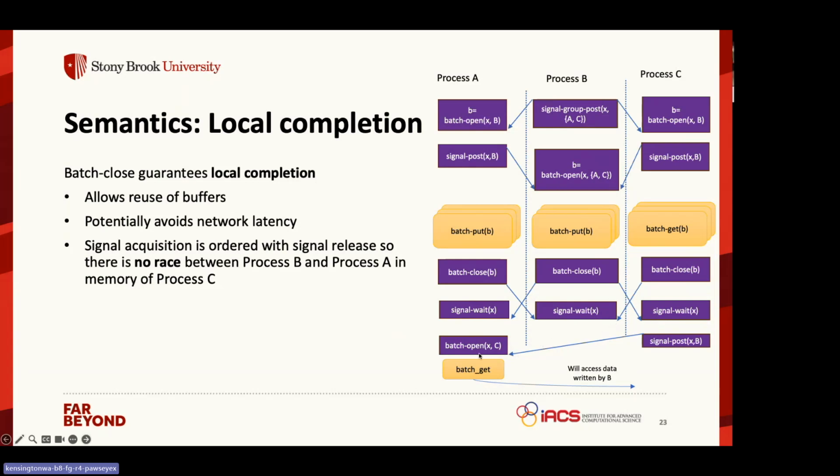And now if process A wants to read process C's memory, it has to go through a signal. And because these two synchronized and these two synchronized, we know that this is safe from the synchronization that happens here. So we don't actually need remote completion, which is kind of nice because it allows us to come back before we potentially save a network round trip.